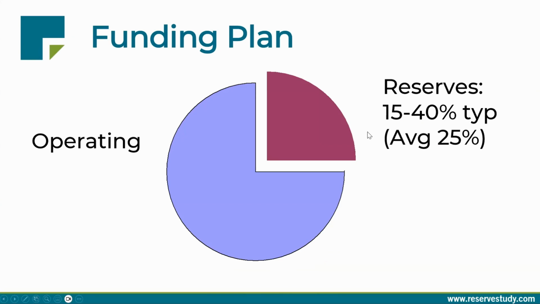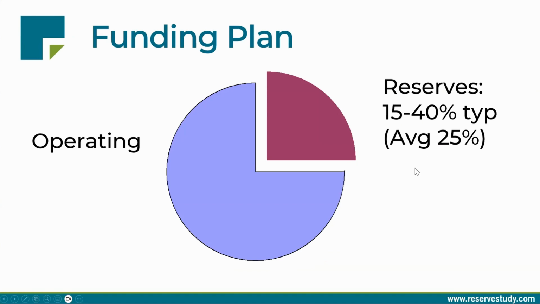Okay, what we see across the country is that most associations need to be setting aside 15 to 40% of their budget towards reserves. Typical number is 25%. If you come to me and say, Robert, we're setting aside $100 of our $400 monthly condo assessments, I'm going to say, you're in the right ballpark.